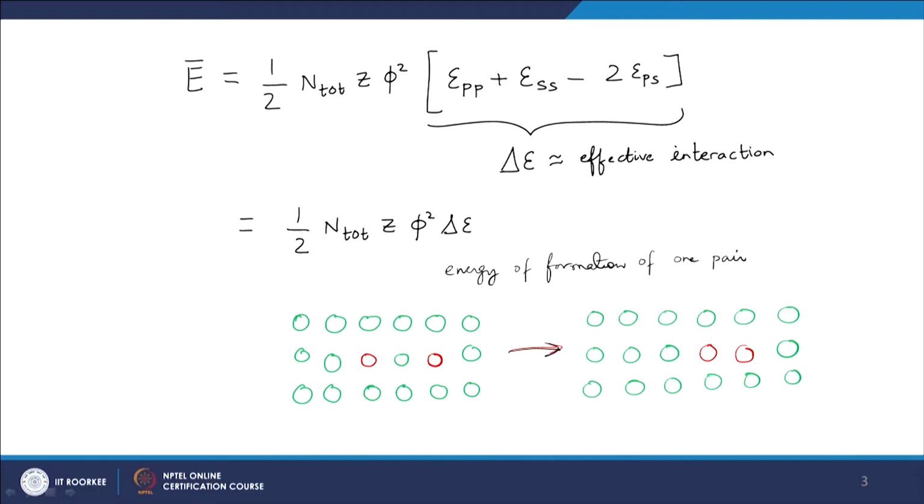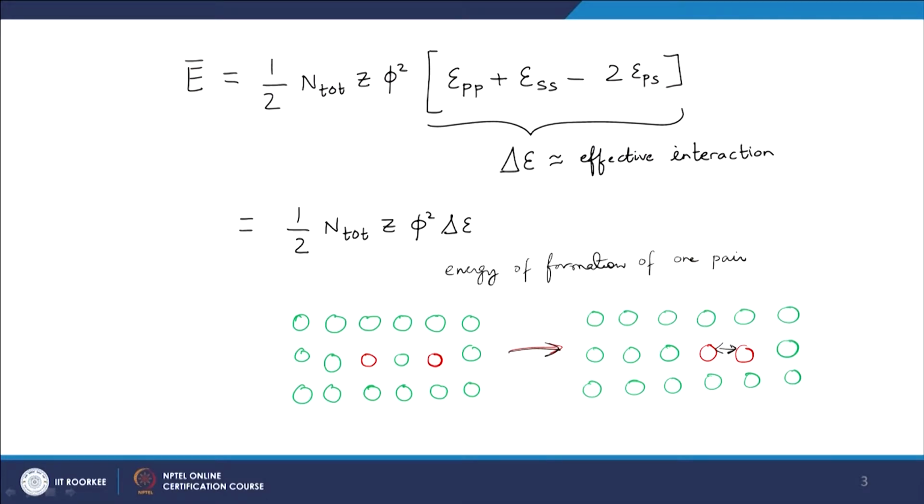If we look at this arrangement, going from left to right, we formed one additional pair of solute, and since the solute moved here, the solvent moved here, it also formed a new solvent pair between these two.